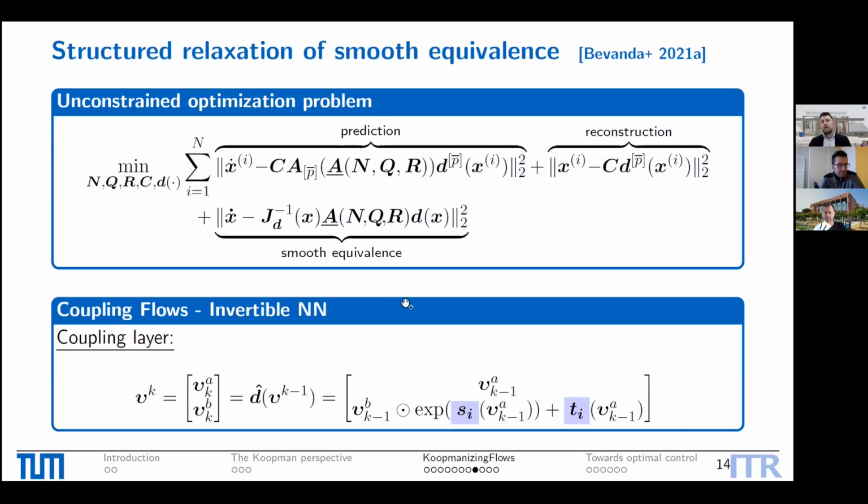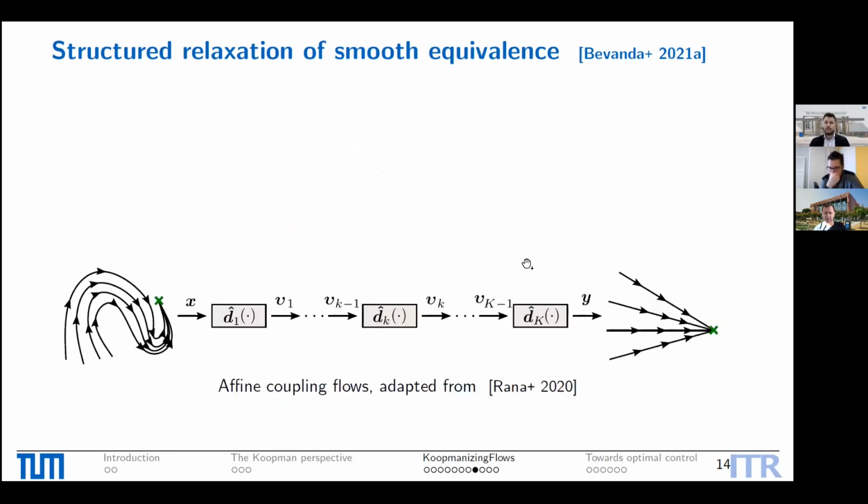So we look at what type of function S and T should be, and it's also a non-restrictive thing. They should be continuously differentiable function approximators. So how does this look visually?